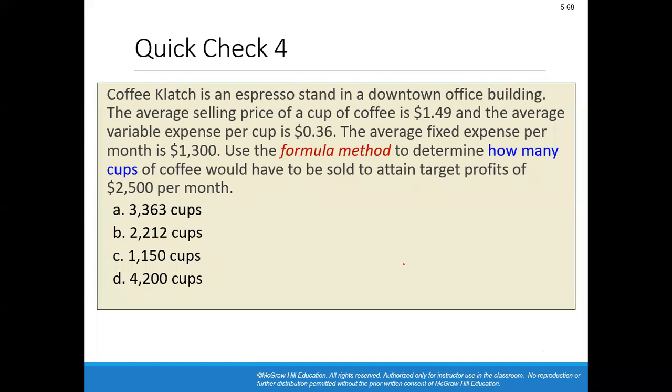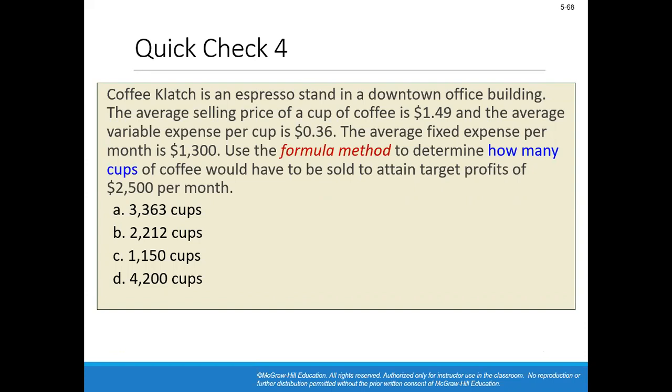Okay, so let's have a quick check. I'd like to get your response in the chat box, and the quiz question is before you. Again, the Coffee Clutch is an espresso stand in a downtown office building. The average selling price of a cup of coffee is $1.49, and the average variable expense per cup is $0.36. The average fixed expense per month is 1,300.